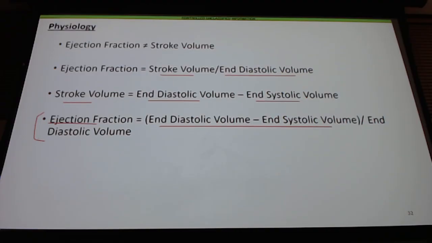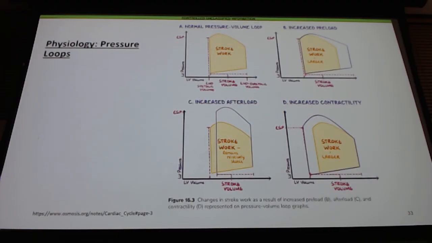Okay. And then we talked about this, just a visual representation of how the three factors impact your stroke volume and your cardiac output. So this is your baseline. If I increase my preload, I'm going to add all this extra work because now I have an extra volume to be able to flow out of the heart.